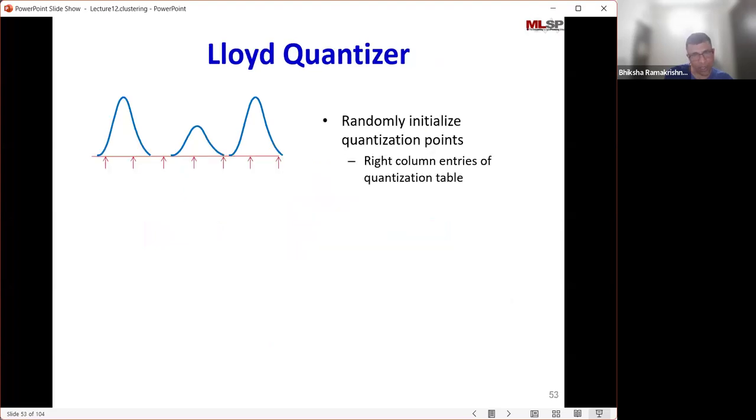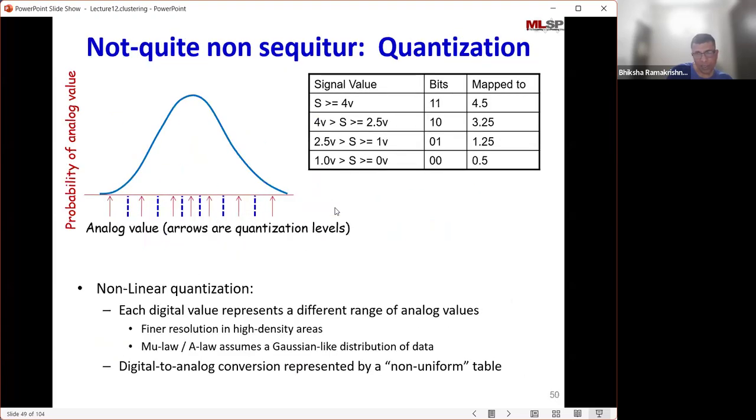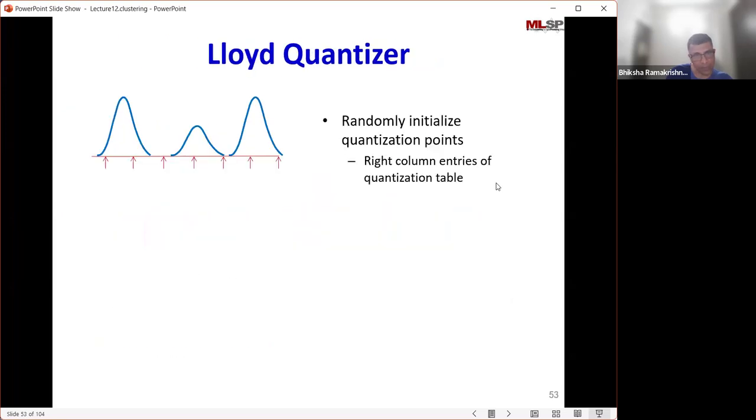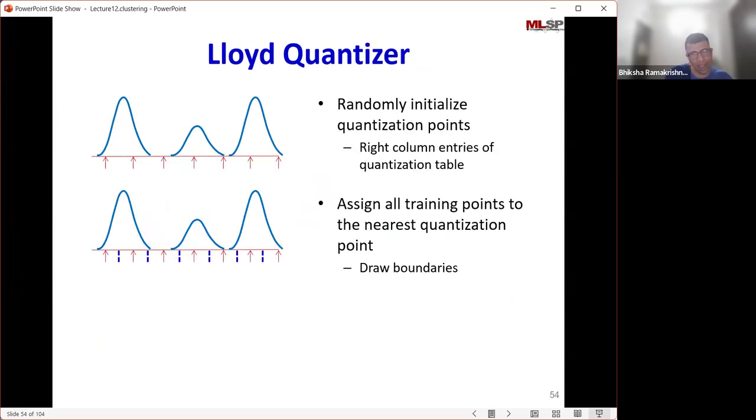And the way we do it, you have a bunch of training data which have been drawn from this distribution. You never see the distribution, you just see the training data. And then you randomly initialize the centers of the various bins, which are these values, right? These are the centers of the bins. And then you take a whole bunch of training data points, and you know that the boundary between 2 bins is the exact center between them.